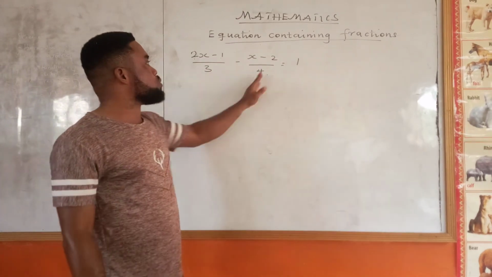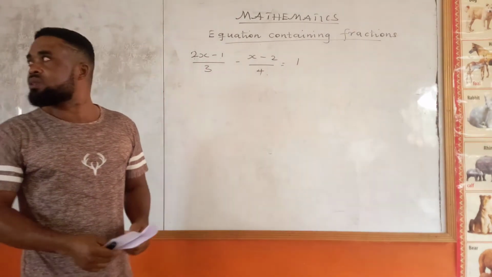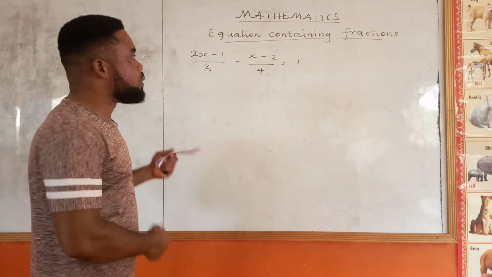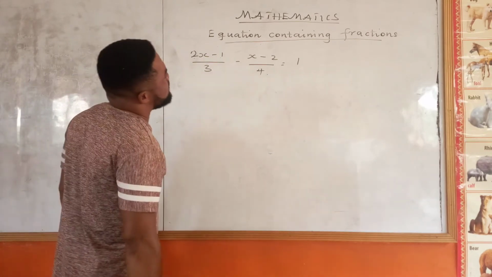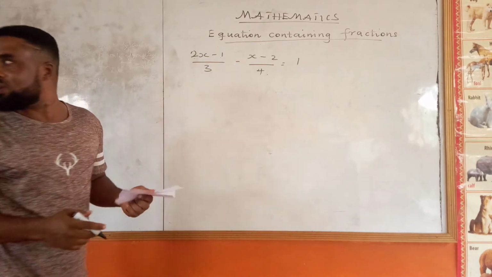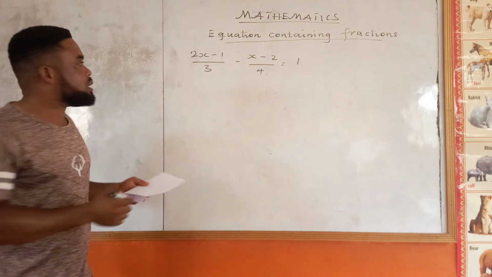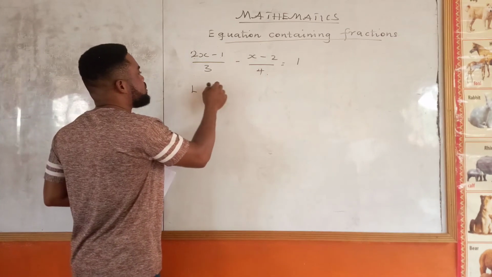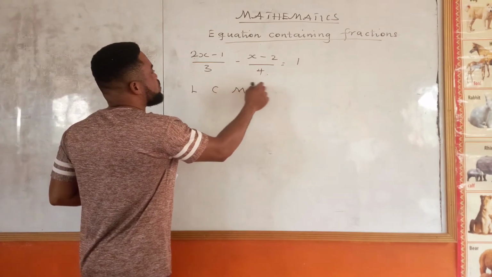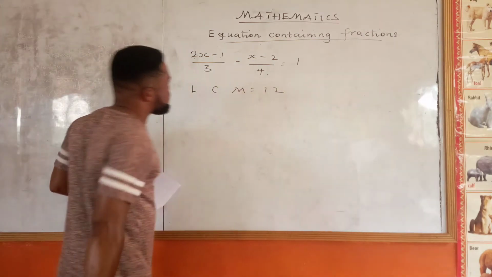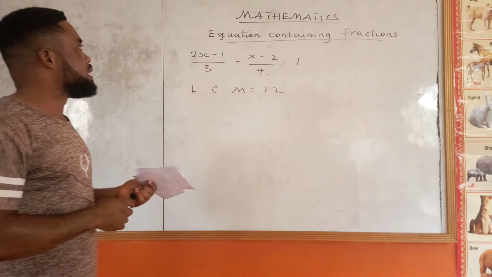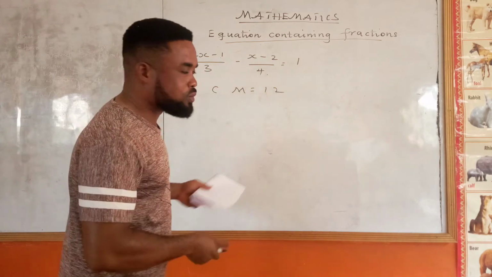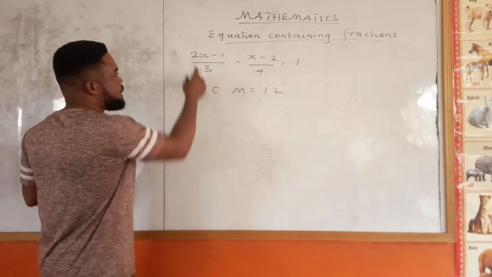So we have 1, 2, 3 terms. Good. So we are going to have the LCM, which is 12. Therefore, we multiply each term by 12. So we can put it in a bracket.